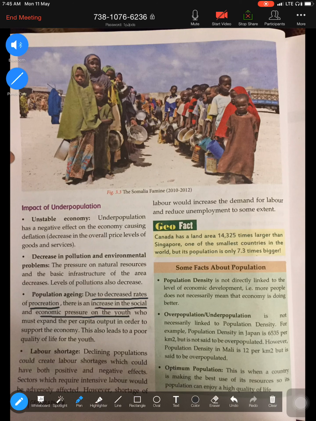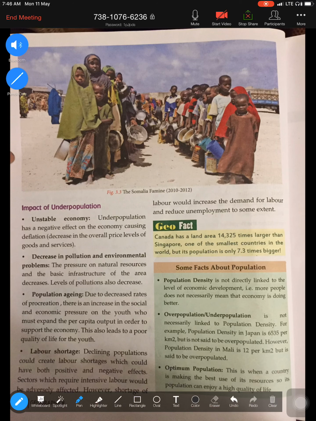Because of the lower birth rate, the working population, the youth, face so much pressure to work and expand the per capita output of their economy, and this can lead to a poor quality of life for the youth. This can lead to stress and affect the health system. A lot of the population can age faster. So this is the third impact of underpopulation, population aging, especially when there's a lower birth rate.